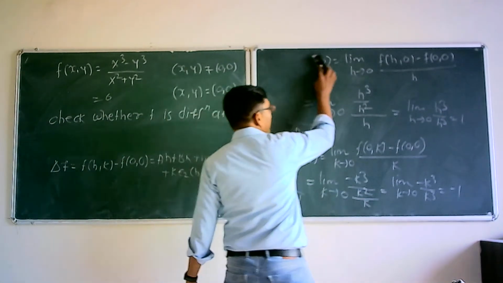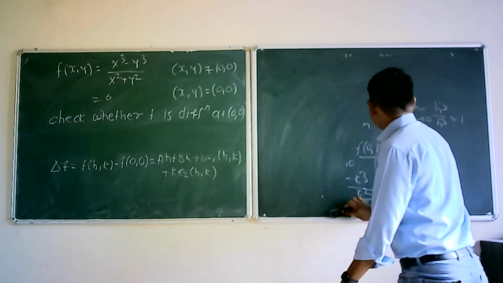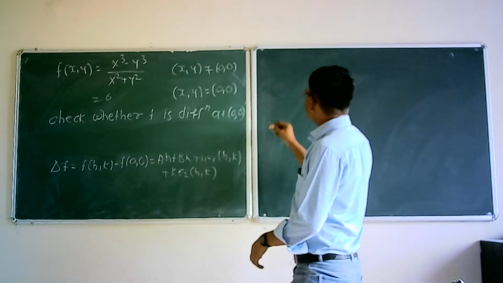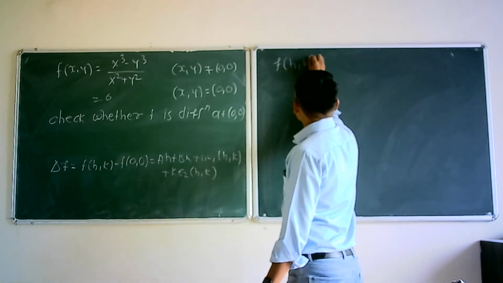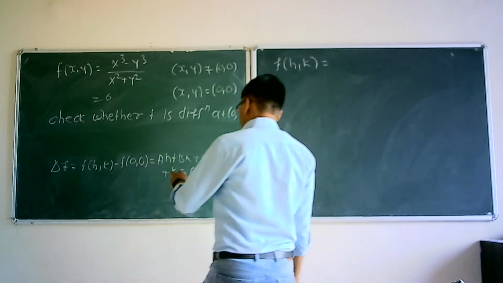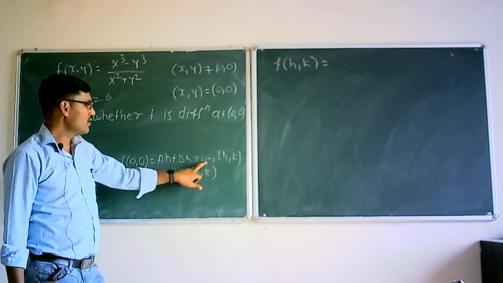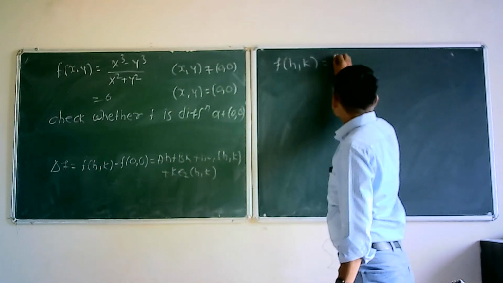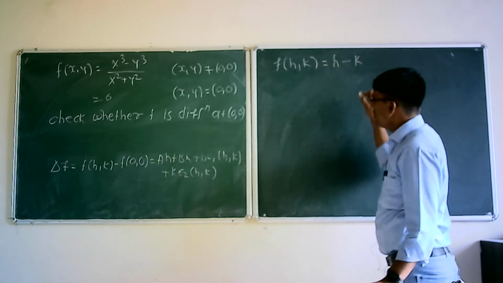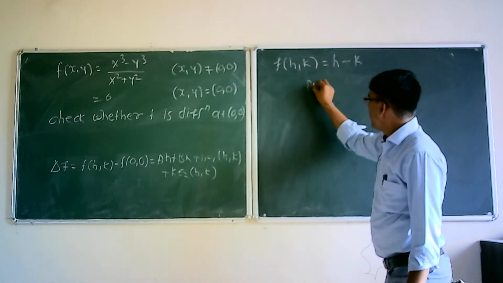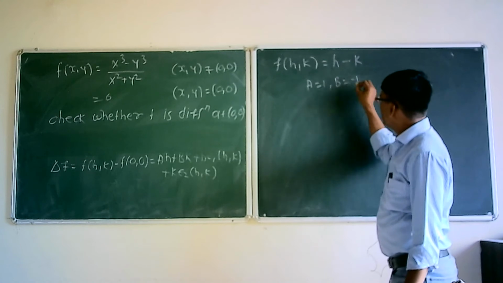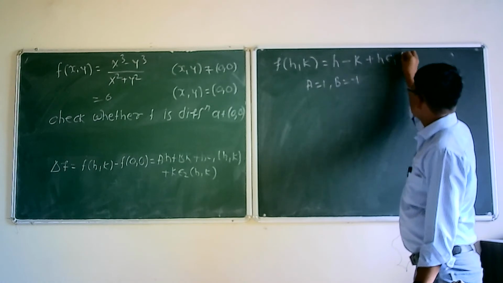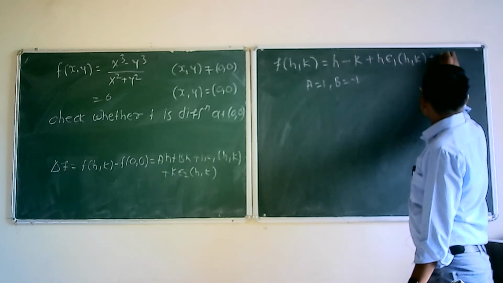If you put this value of a and b, a is 1 and b is minus 1, then f(h,k) is equal to 1h minus 1k plus h epsilon 1(h,k) plus k epsilon 2(h,k).